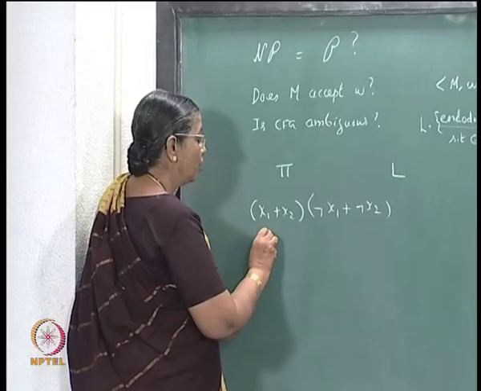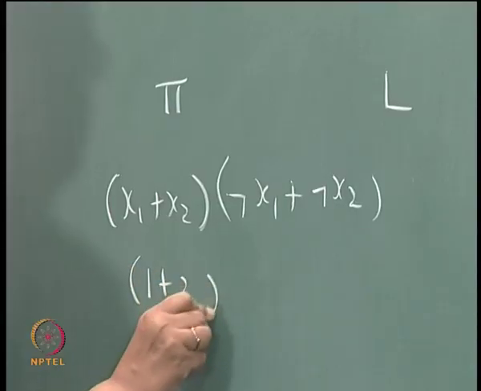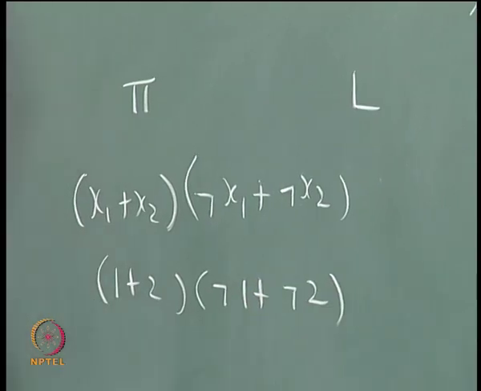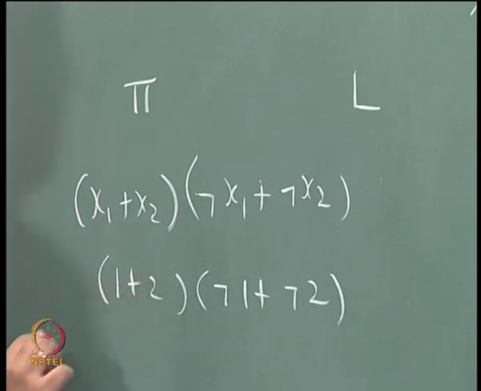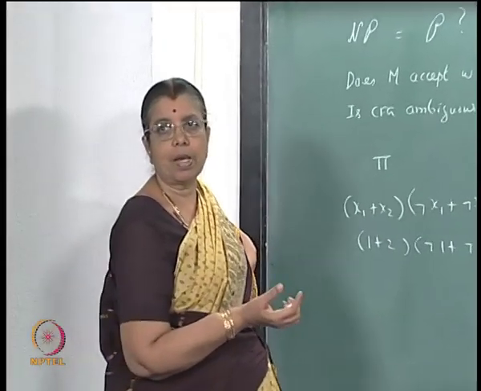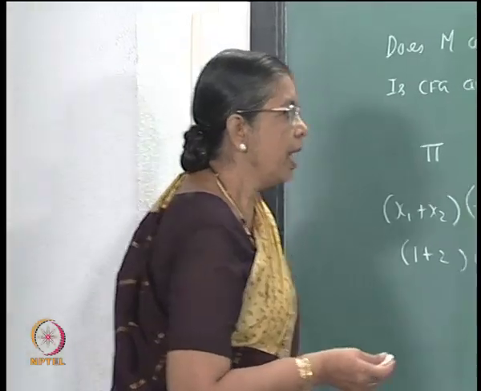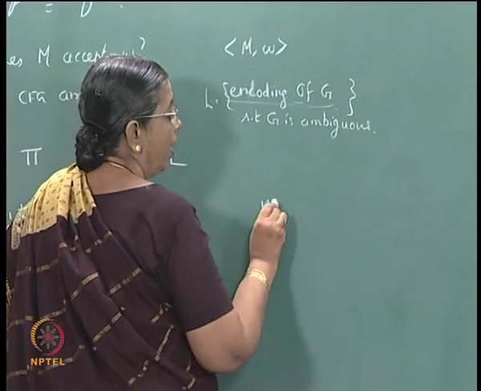So, this one you can write as 1 plus 2, not 1 plus not 2, something like that. Each variable is represented as a decimal number. If there are n variables, up to n decimal numbers you will use. So, there are things which you have to be careful about.